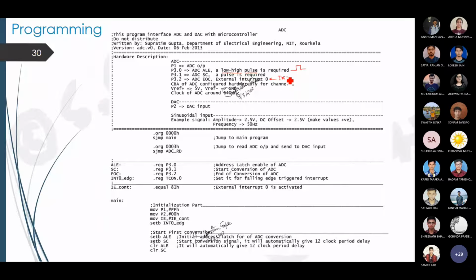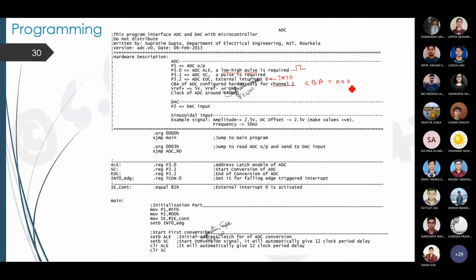Then CBA: A is the LSB and C is the MSB of the ADC, configured in hardware for channel 1. So it means that the address is 000. Or you can identify it as channel 0, channel 1 up to channel 7, or channel 1 up to channel 2. It depends upon you, right? So this can be written like that.